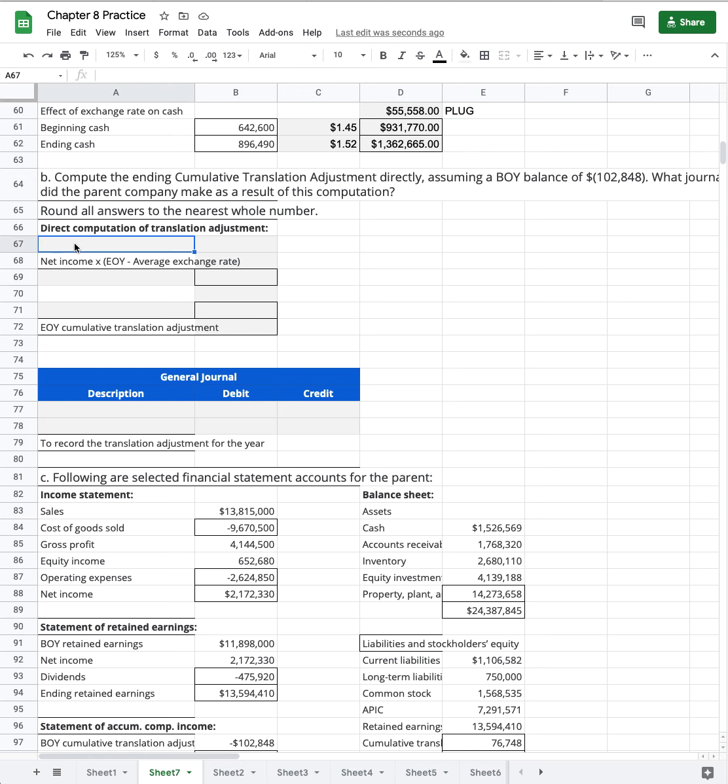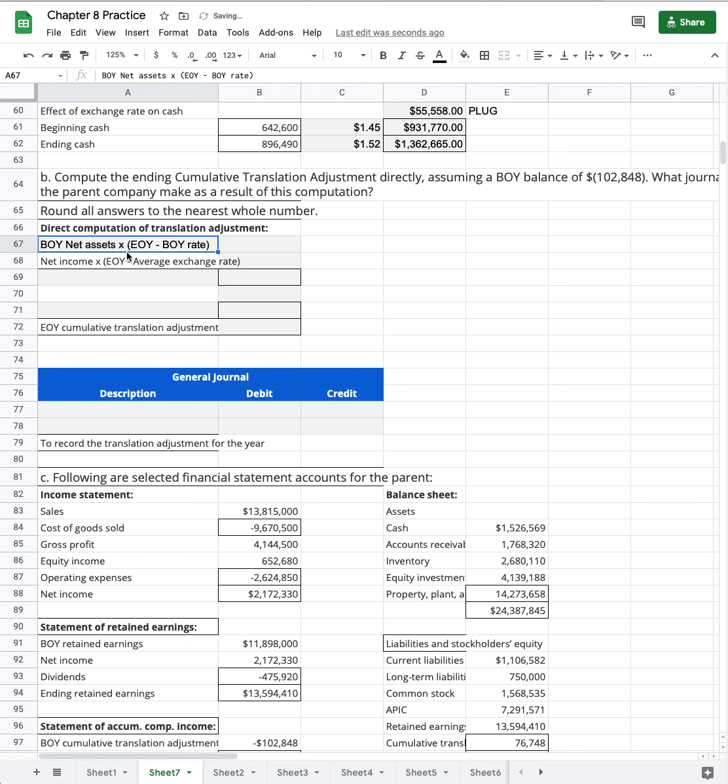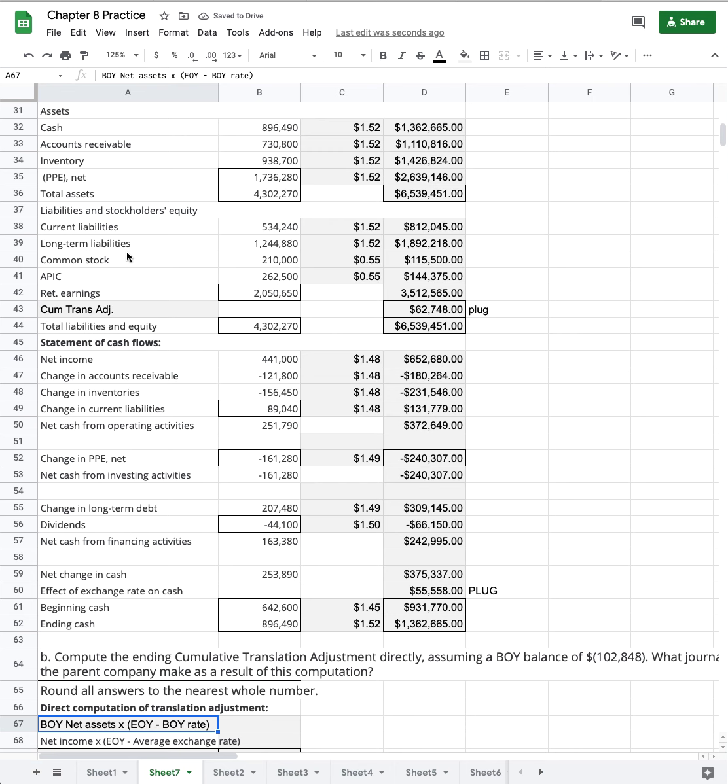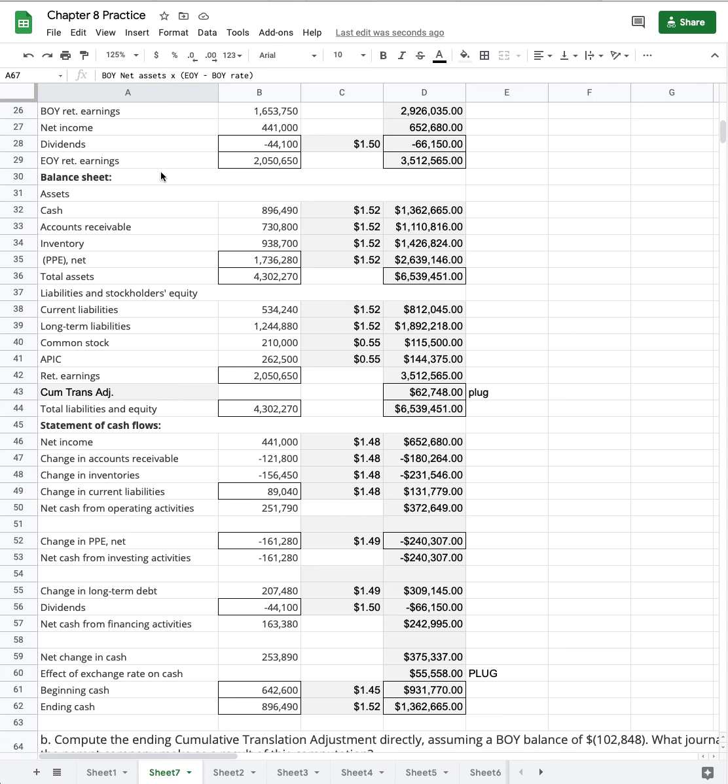And so we start this out with the beginning of year net assets times the end of year minus beginning of year rate. And so what's a little bit funky about this is that we don't have beginning of year net assets directly. We can calculate net assets from the balance sheet, but that was the end of the year.